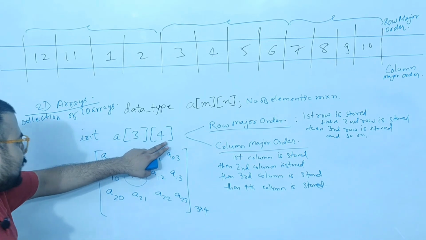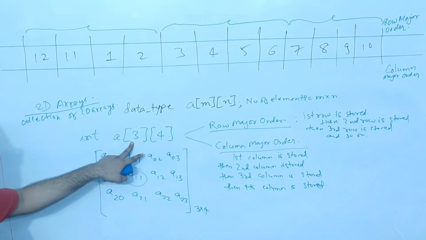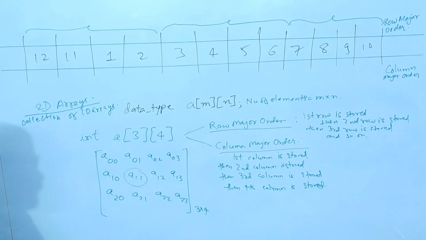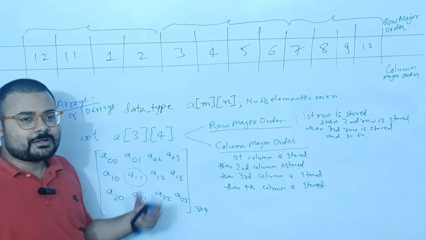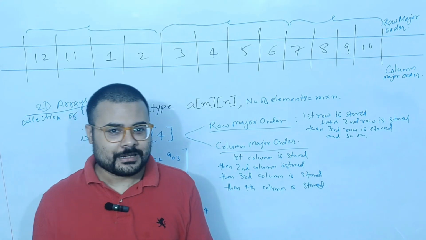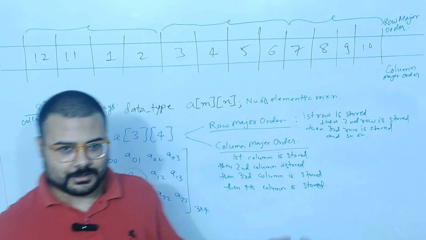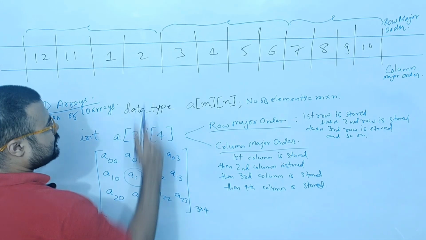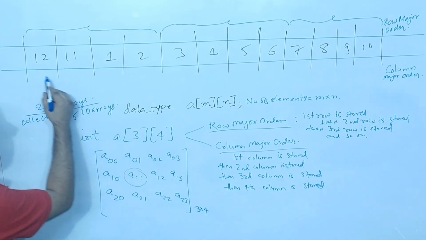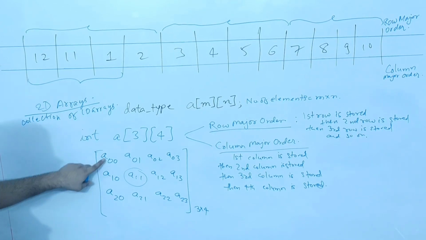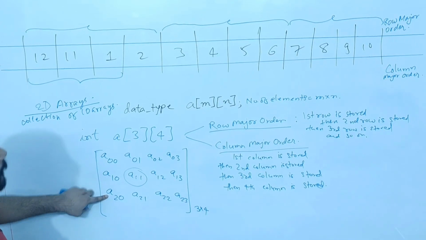Okay. So for every column, how many elements are there? Three. Every column you have 3 elements. So the number of elements in any column is equal to the number of rows, and the number of elements in any row is equal to the number of columns, right? So if column major order is followed, then the first 3 elements are the first column.